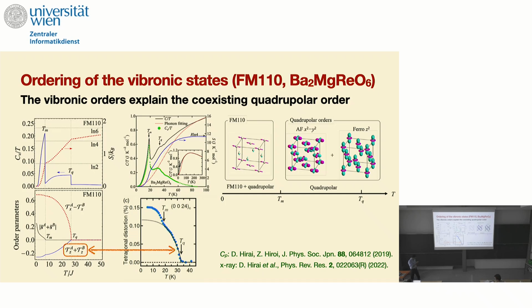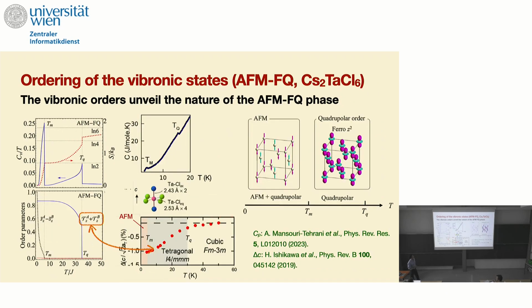And in the case of the tantalum compound, this type of phase hasn't been explained within the previous theory, but now we could explain this feature. So based on a single viewpoint, we could explain both rhenium compounds and also tantalum compounds.